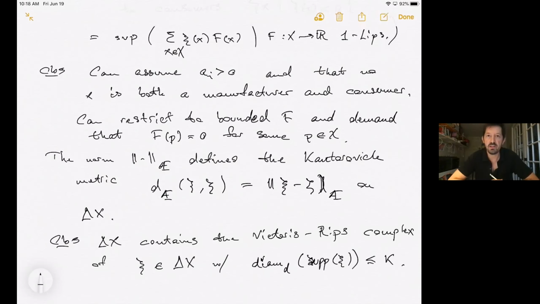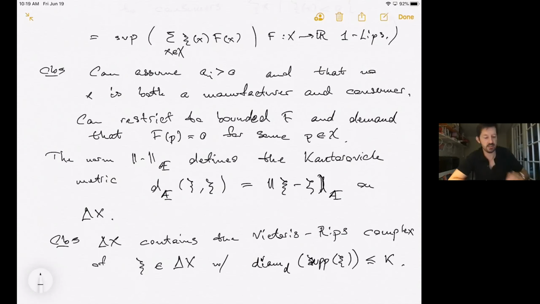Now, Delta of X is a convex set. You can take convex combinations, but you can also make it a simplicial complex simply by restricting to psi that always have a uniform bound on the diameter of the support.